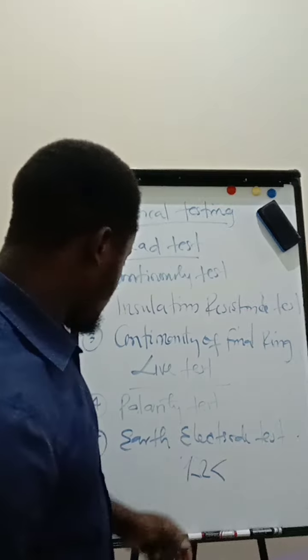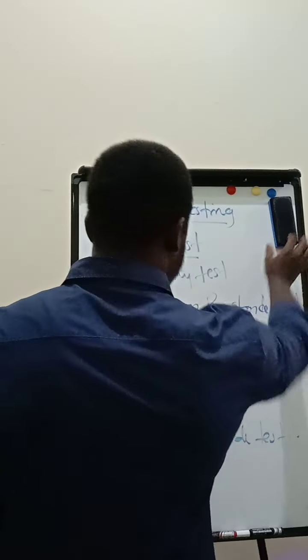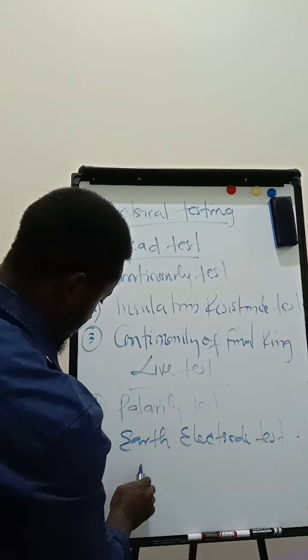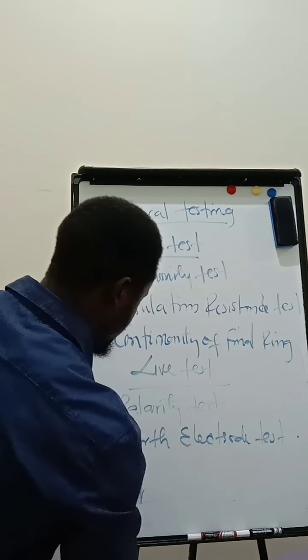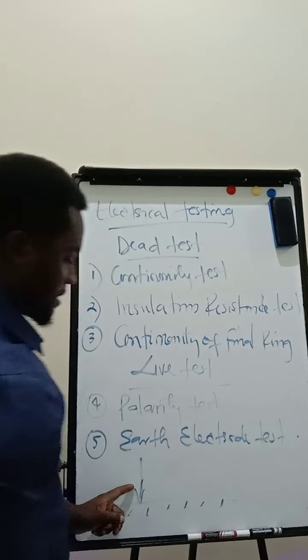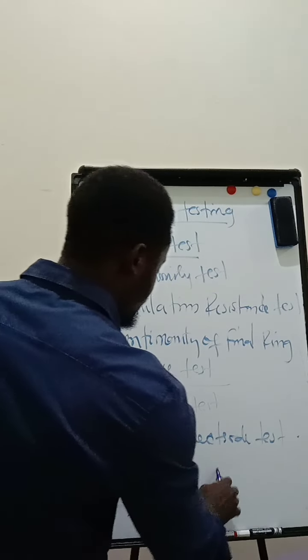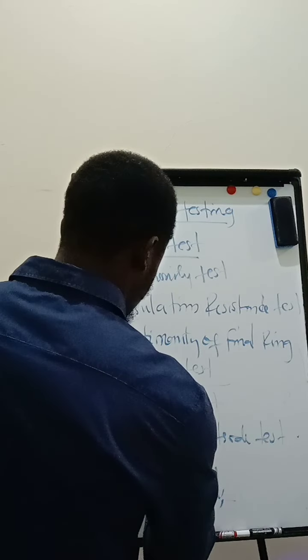So we carry out this test by having an electrode that we put under test on the ground. This is the electrode under test, and then we have 2 additional electrodes which we put in the ground as well.